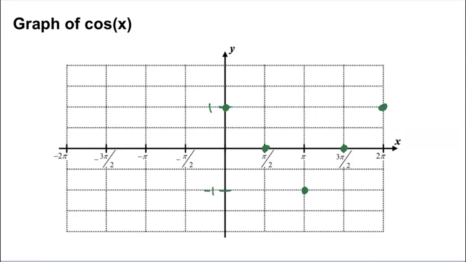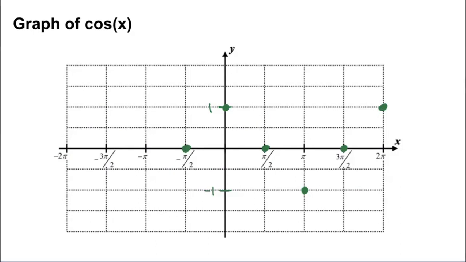And I'm going to go through the same process that I did with the sine graph and just negate everything. If cosine of pi over 2 is 0, then cosine of negative pi over 2 is also going to be 0 because the negation of 0 is still 0. If cosine of pi, well, actually, there's something I failed to mention about the cosine graph. It's actually just going to be a mirror image.